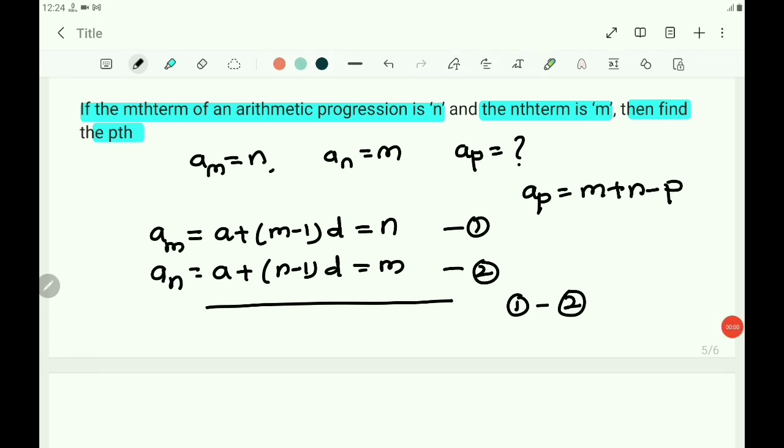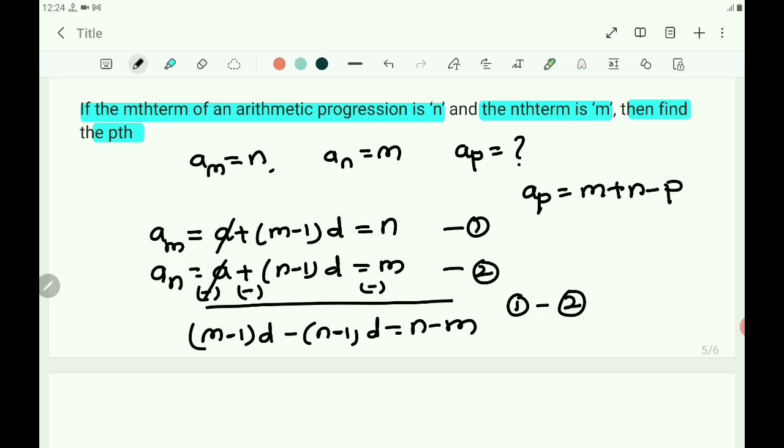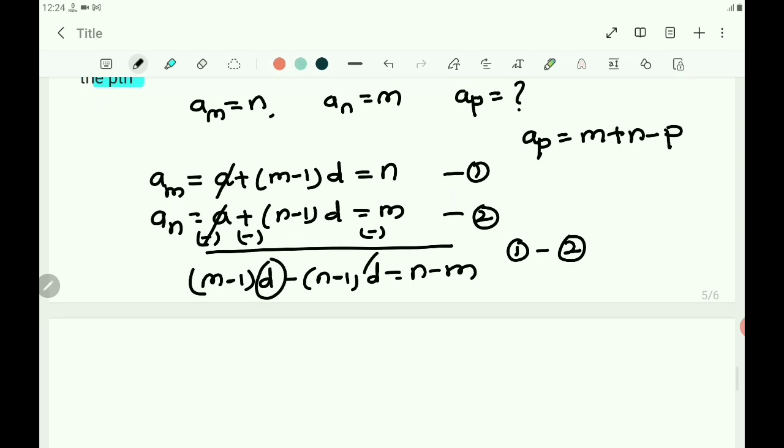Here change the sign of the second equation. Plus becomes minus for all the terms. A minus a cancels. We get m minus 1 into d minus n minus 1 into d is equal to n minus m. Then take d common.